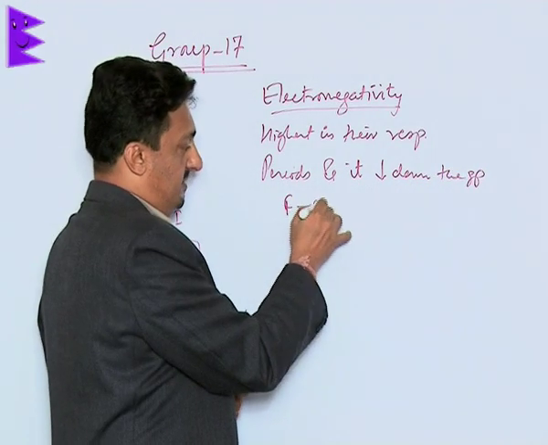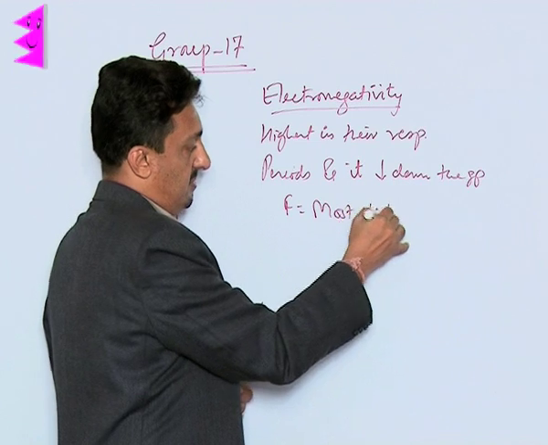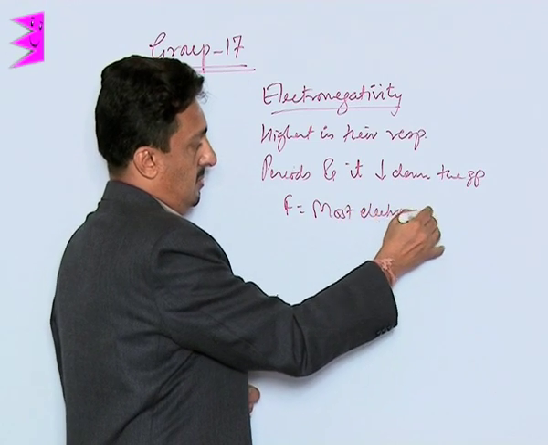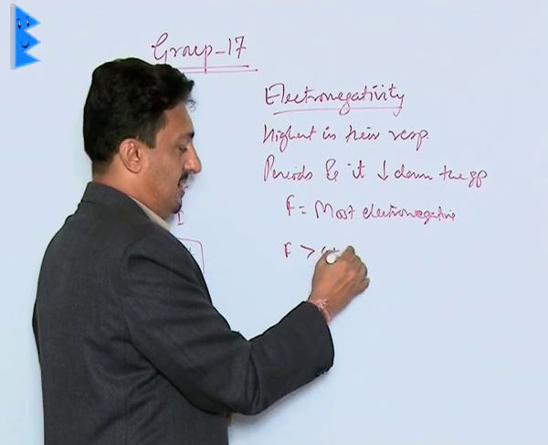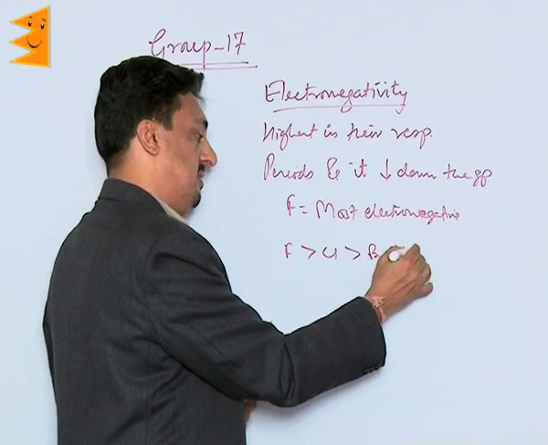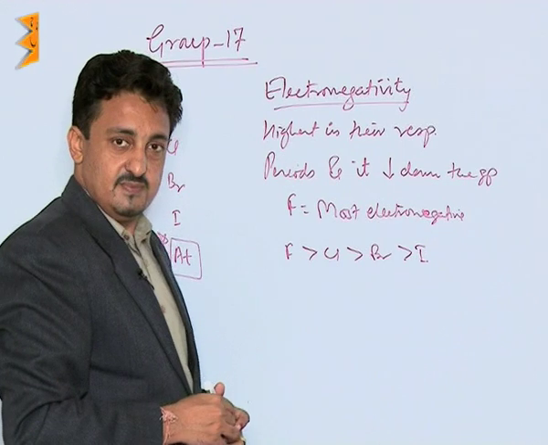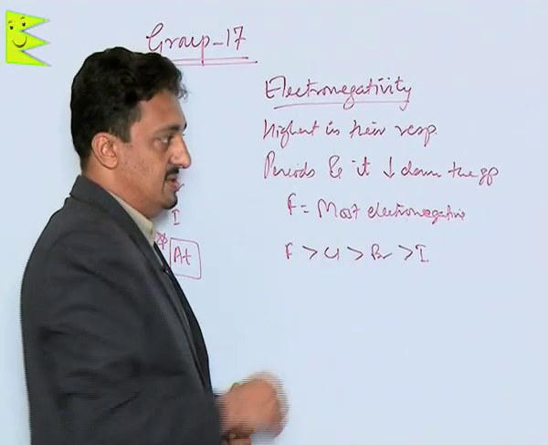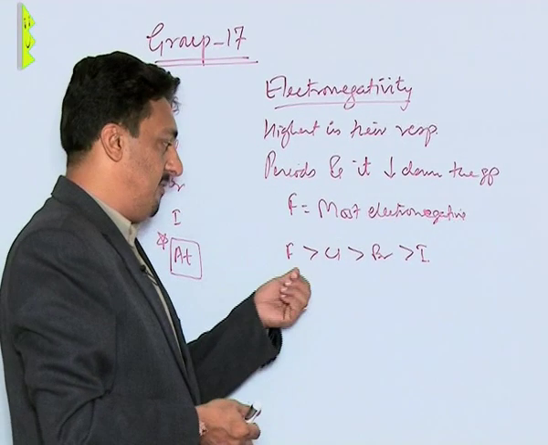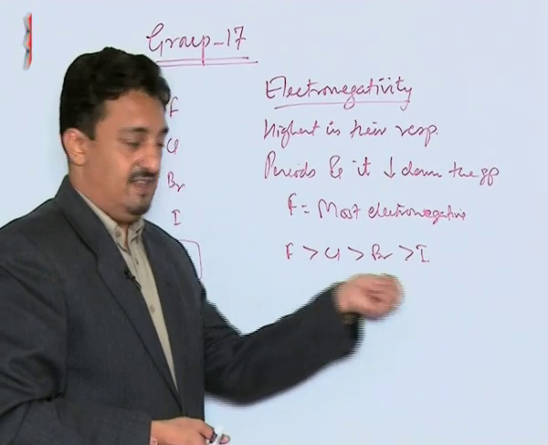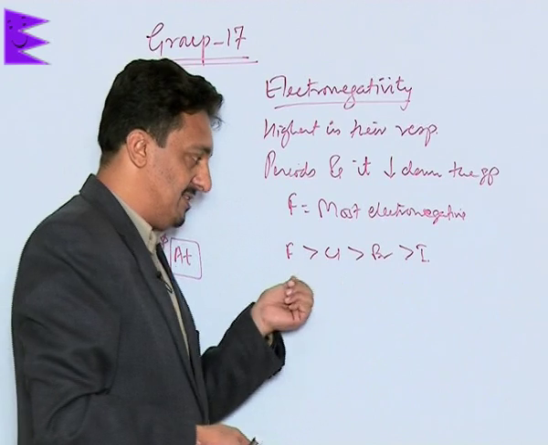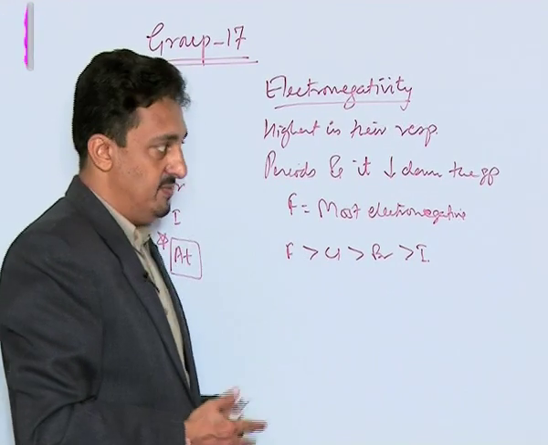So fluorine is most electronegative, followed by chlorine, bromine and iodine. So this is what the trend is. The reason is very obvious: because the size increases, the ionization enthalpy decreases, electron affinity decreases, so the electronegativity also decreases down the group. So it's like this.